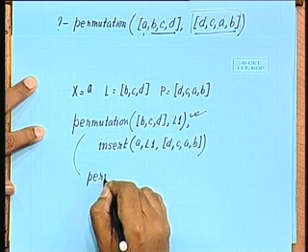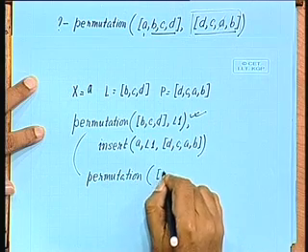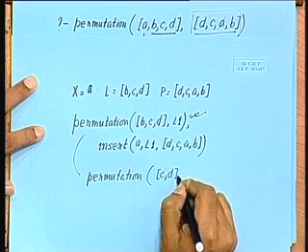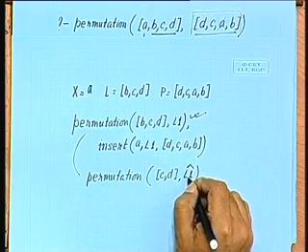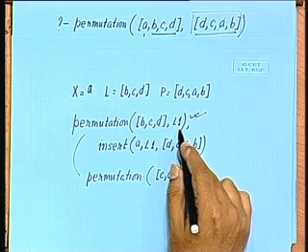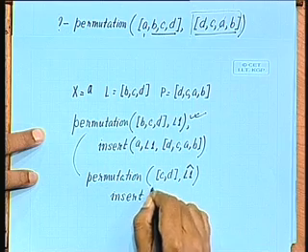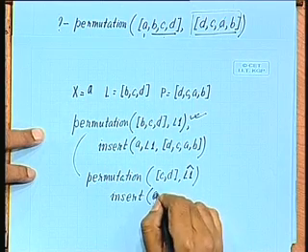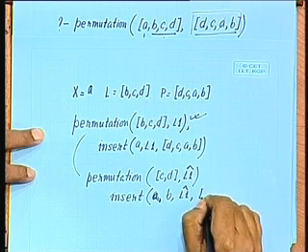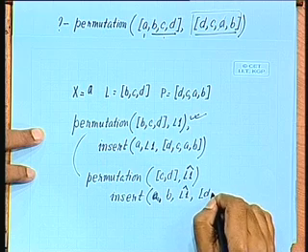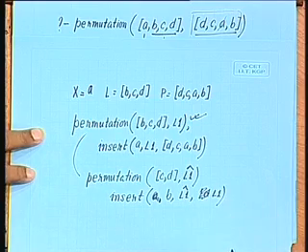One is permutation of CD to give some L1 hat, because this is at the next level. This L1 and this L1 are not the same, right. It will also generate the sub goal insert B in L1.